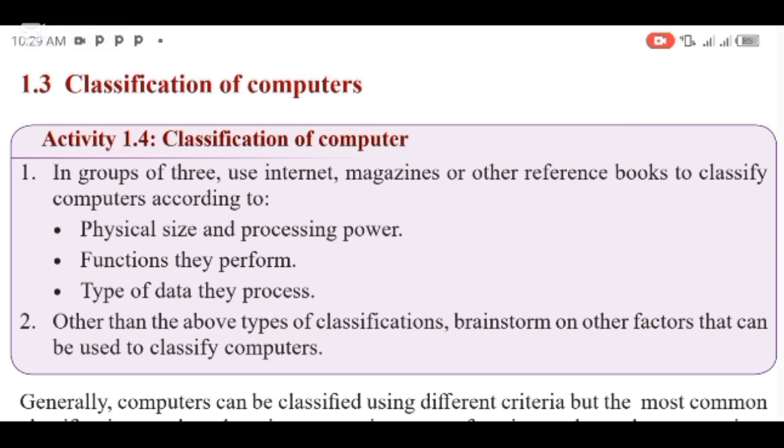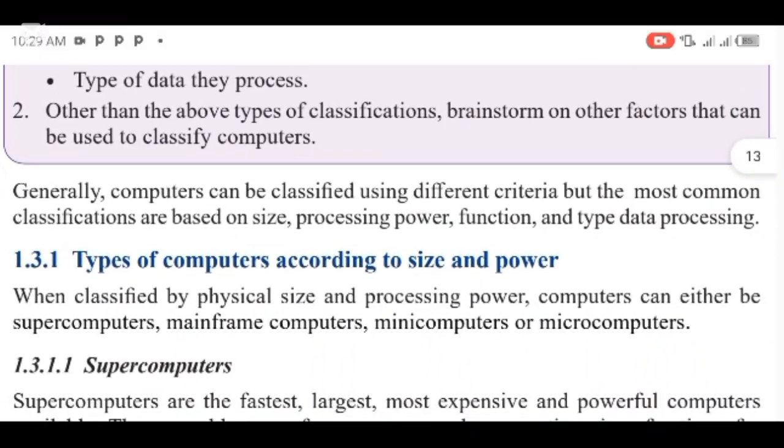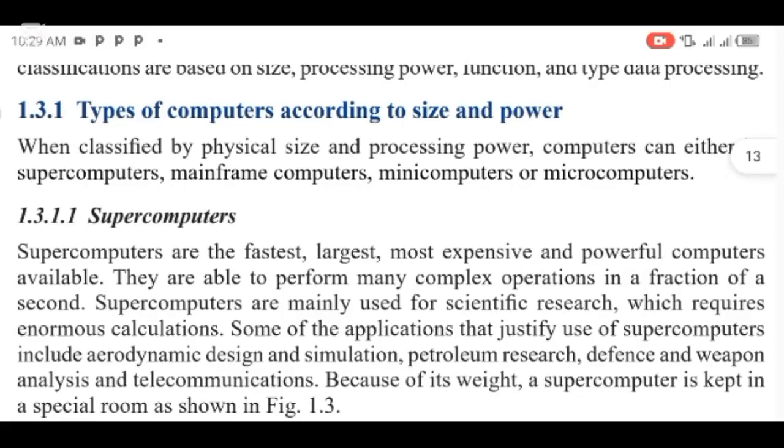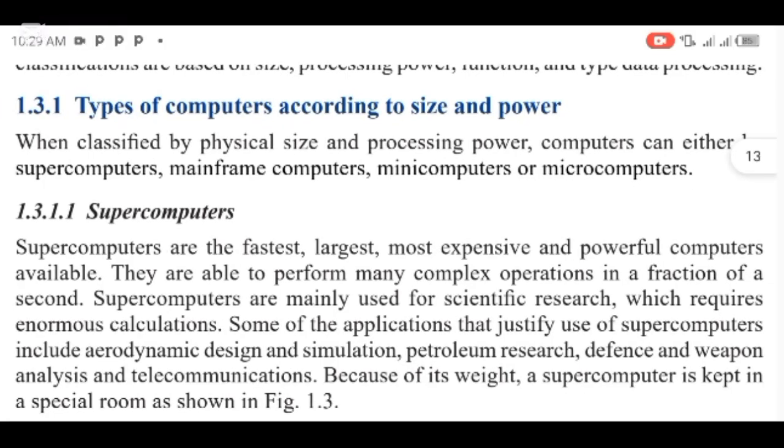You can use these questions to discuss and gain a better understanding of the classification of computers by asking your colleagues and other experts in computer science. Write down these questions and take time to look for their answers. So let us move on to the types of computers according to size and power.